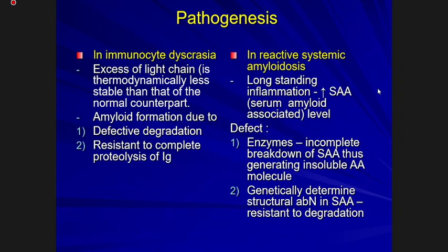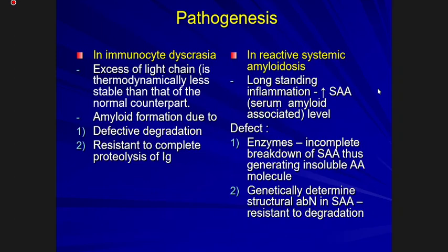In reactive systemic amyloidosis it is the same: increased formation of your SAA. The defect may be in the enzymes that are supposed to break down this SAA protein, so it forms insoluble AA. There is also a genetically determined structural abnormality in the SAA protein, which is resistant to degradation.